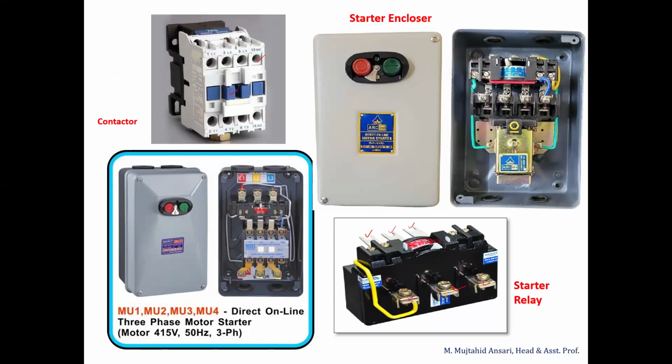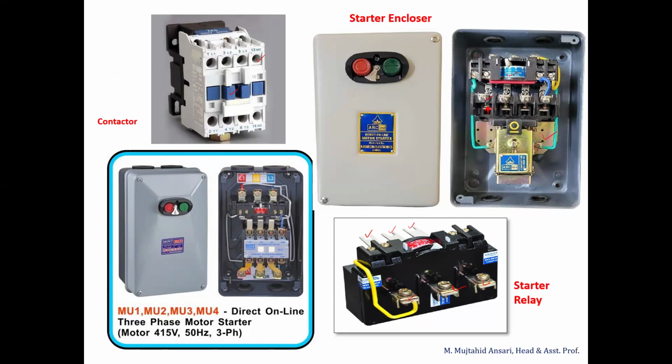This is the starter, dual starters are there. These are contactors, gravity type contactors. This is the fixed contact and this is the movable contact. As soon as we energize the starter, the movable contact moves up because of the electromagnetic relay. It makes contacts 1, 2, 3, and one is the auxiliary contact.